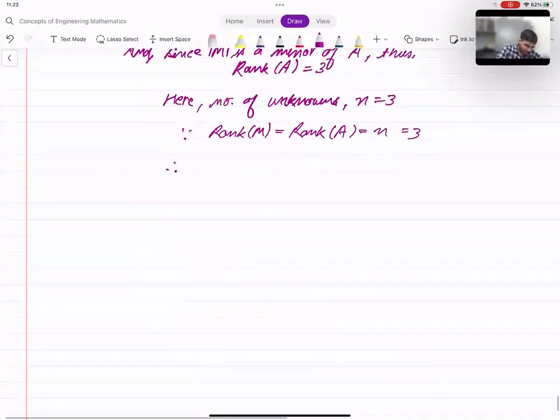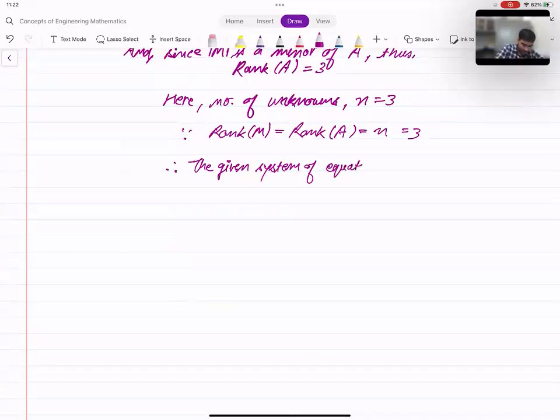Therefore, the given system of equations is consistent with a unique solution.